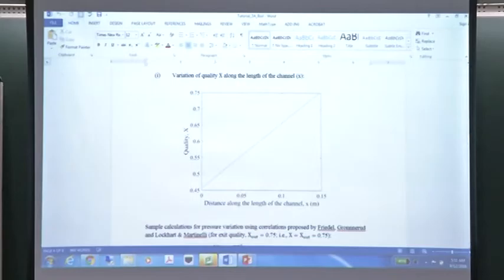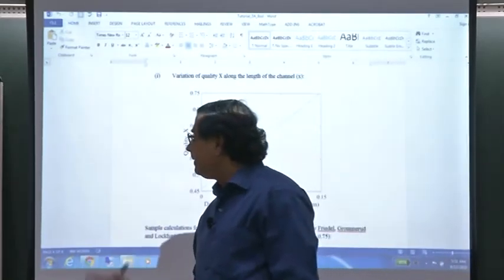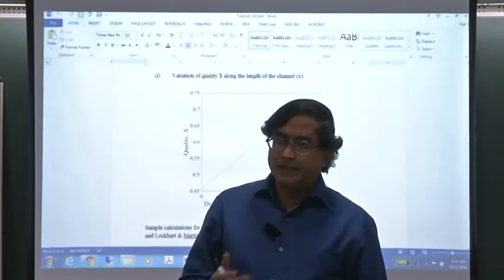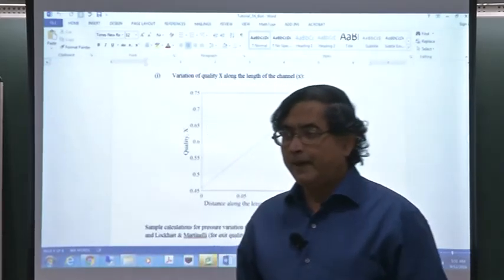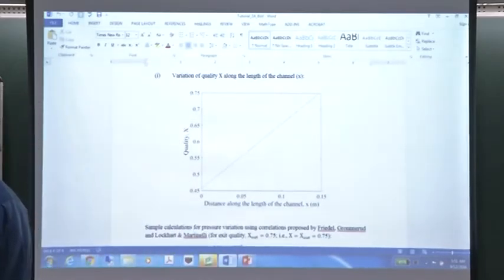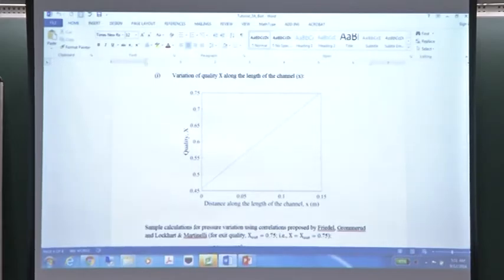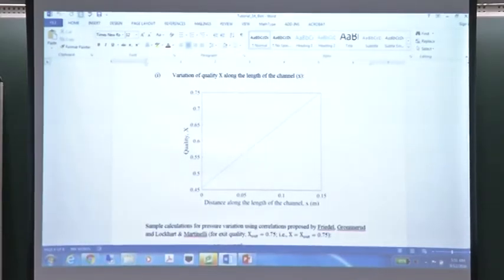Now I want to make sure that I boil at a reasonable temperature so that my T wall is above T sat, but my T wall should not be more than 70, 75, 80 degrees Celsius if it's going to be used for electronic cooling. That's one of the reasons we chose R123. I could have chosen water, which would have been even better.